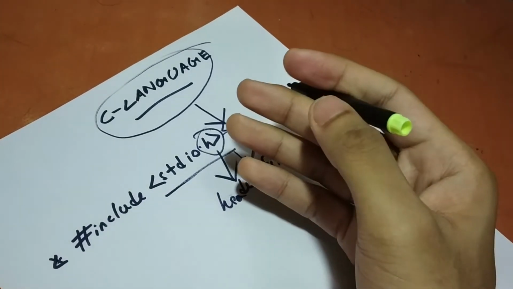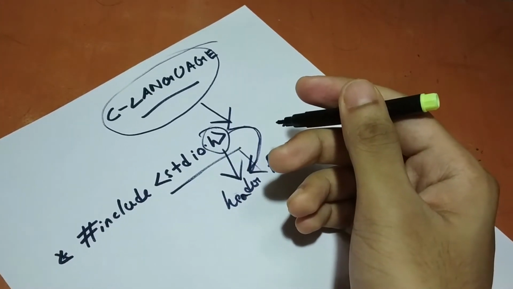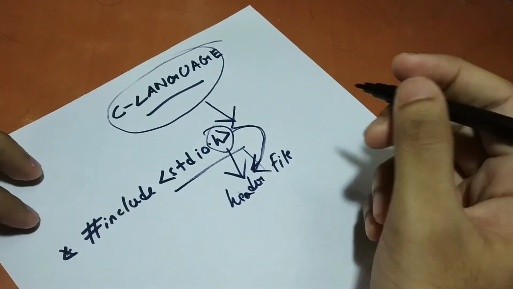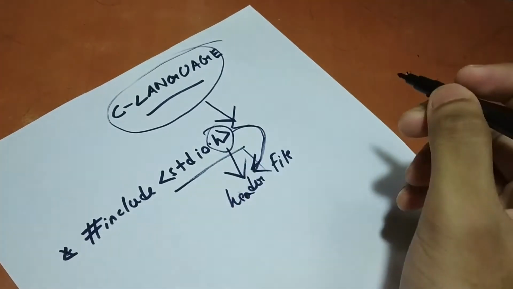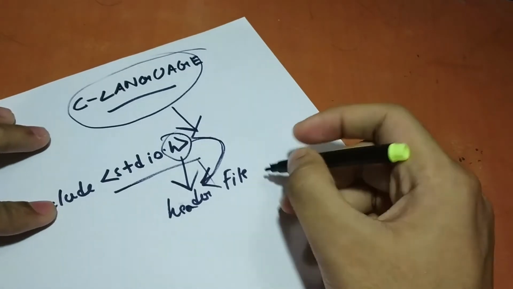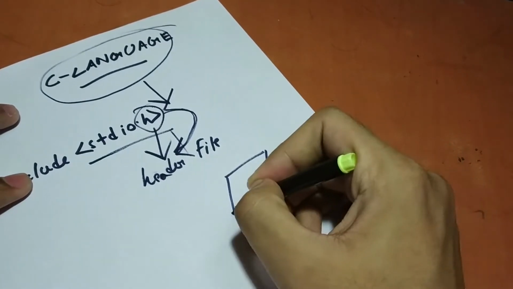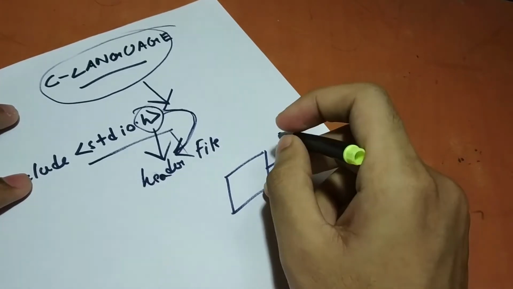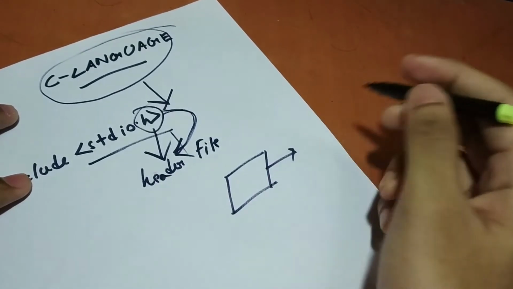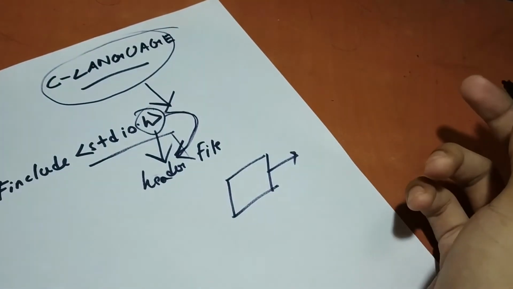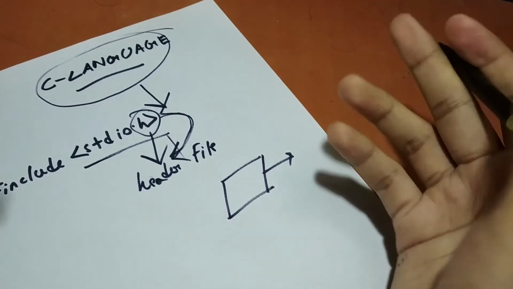Previously we did algorithms and flowcharts, right? In flowcharts, we used a parallelogram, which was an input output box. An input output box always takes input or prints the output.